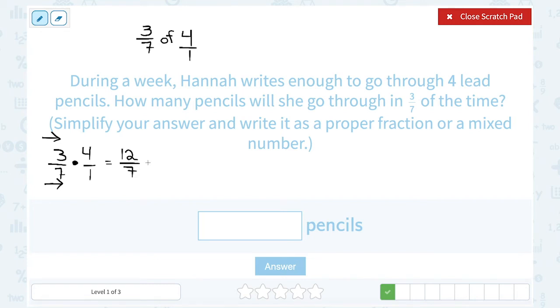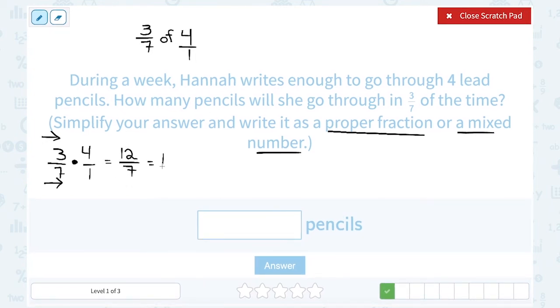Okay, so this is again an improper fraction, and they asked us to write it as a proper fraction or a mixed number. So let's turn this into a mixed number. So first, I would want to see how many times 7 goes into 12. And it doesn't quite go in twice because that would be 14. So 7 only goes into 12 one time.